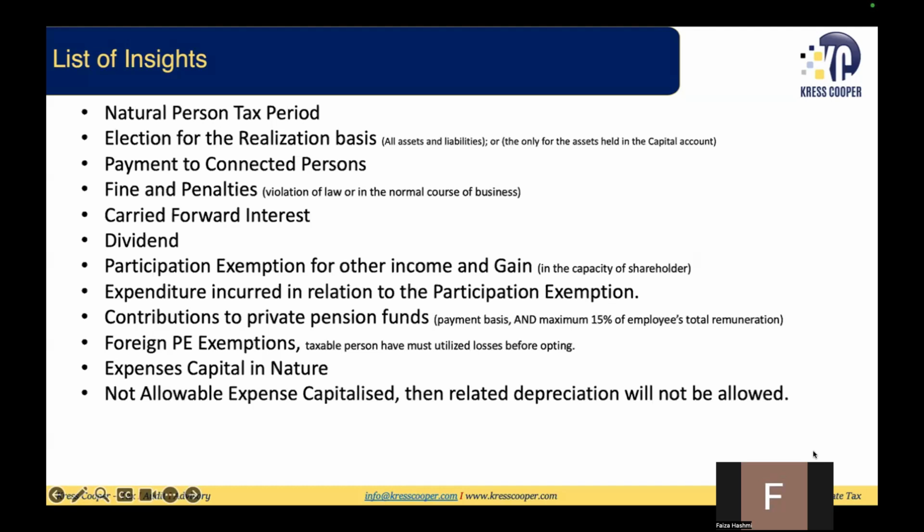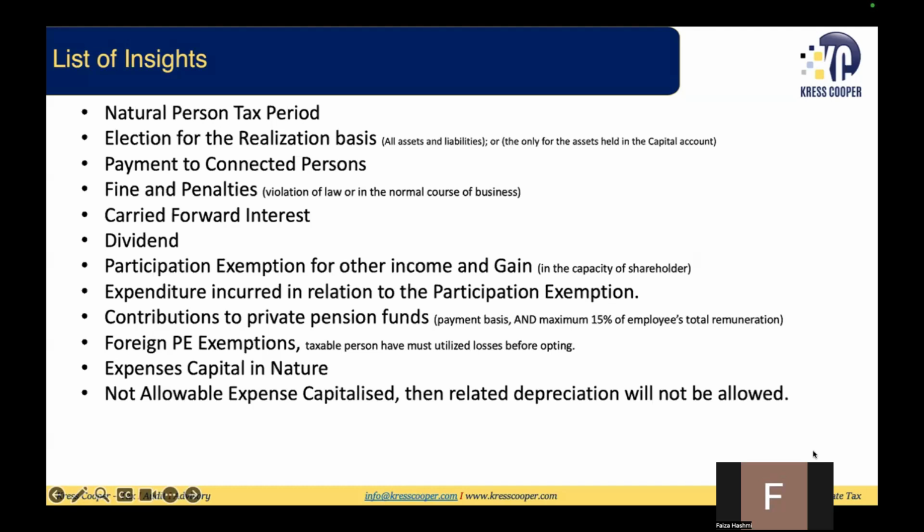But if you are getting a dividend from a foreign juridical person, that is exempt subject to certain conditions. And if I'm asking about participation exemption, for any income or gain related to participation exemption, in this case, either you are receiving it from the resident juridical person or from the foreign juridical person.